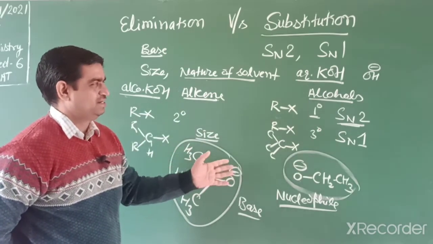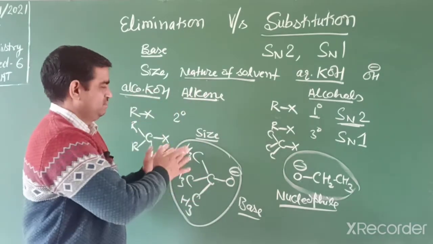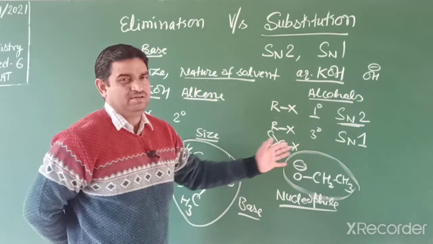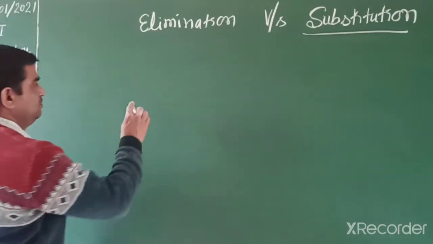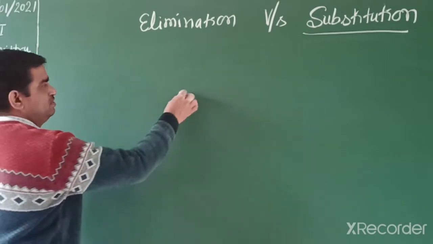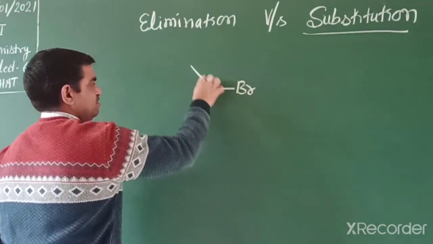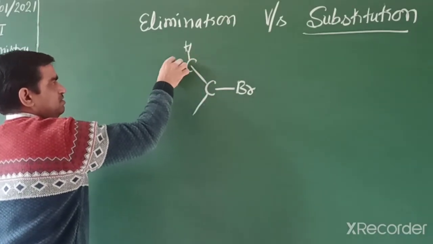Now we can explain one example. These are two different parameters. We can explain why substitution and elimination reactions occur. We take the example of 2-bromopropane.